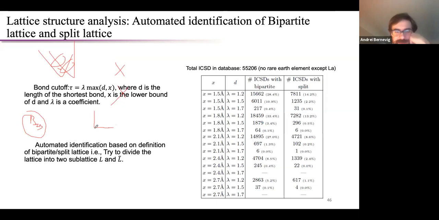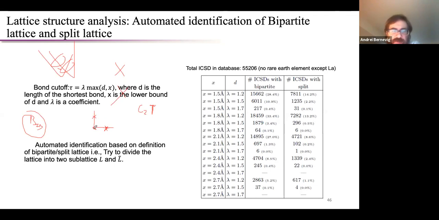So let's take a lattice like this, where you have no unitary symmetry, but you have C2T. On this lattice, C2 times time reversal basically still fixes some Wyckoff positions.